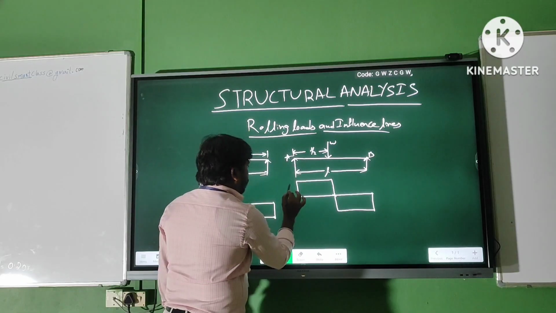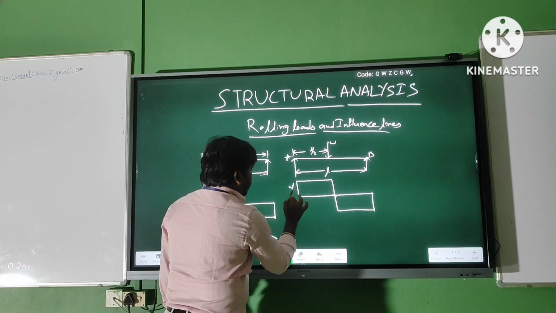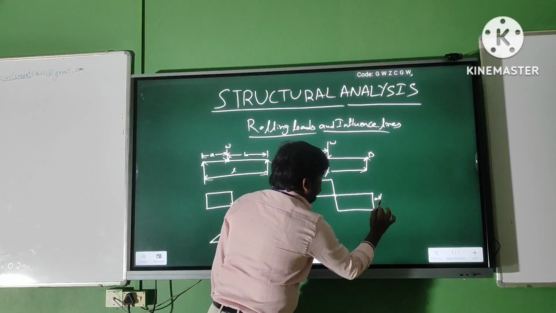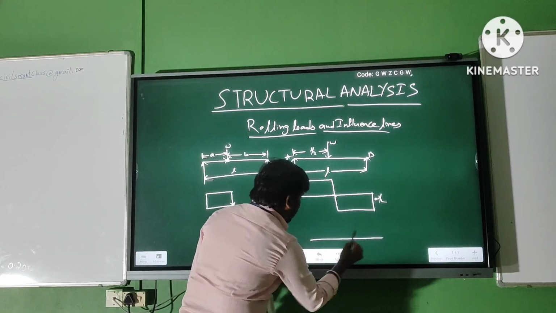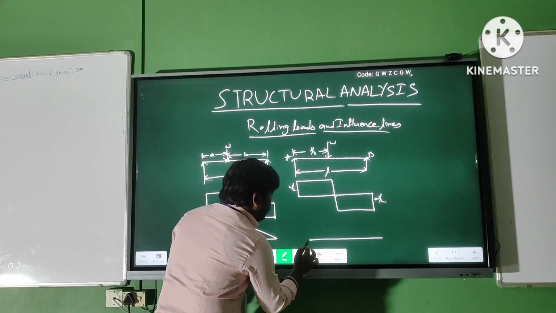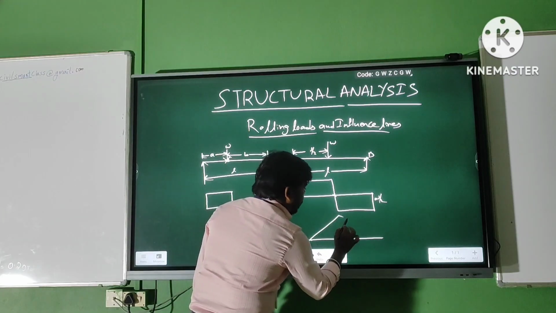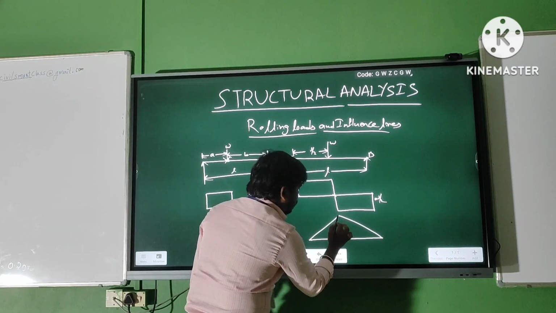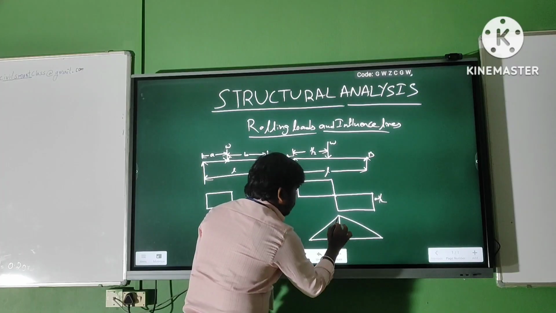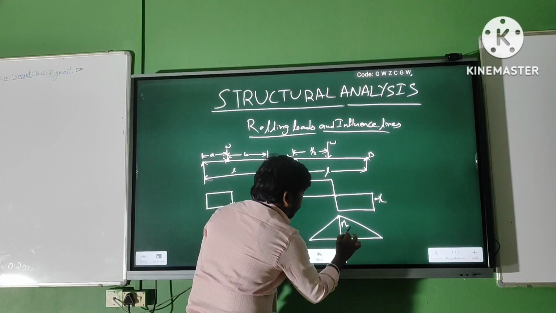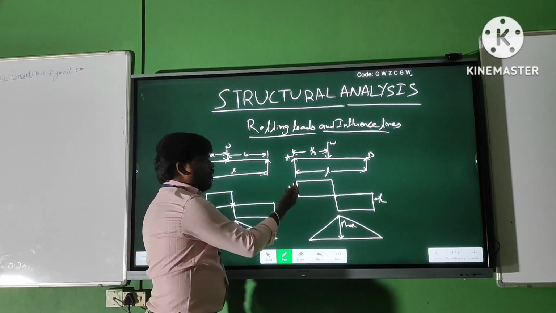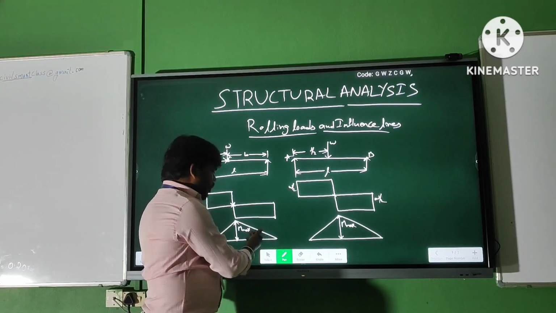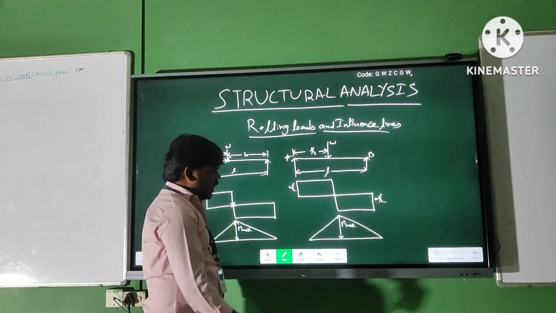The reactions are W by 2 each. The maximum bending moment occurs at the point of zero shear. Like this, we can easily determine the maximum bending moment for static loads.